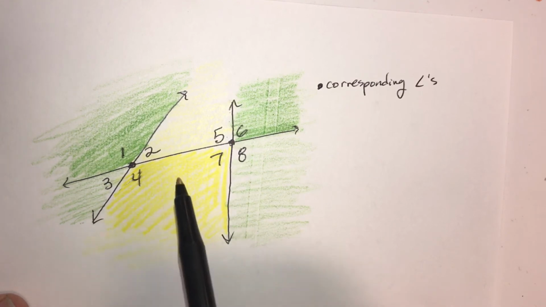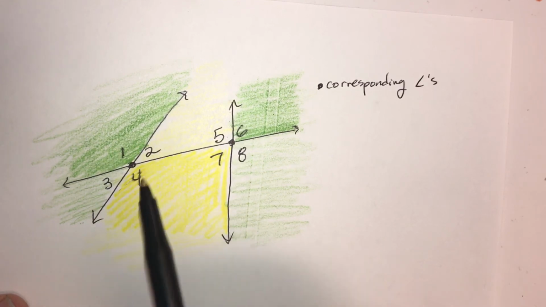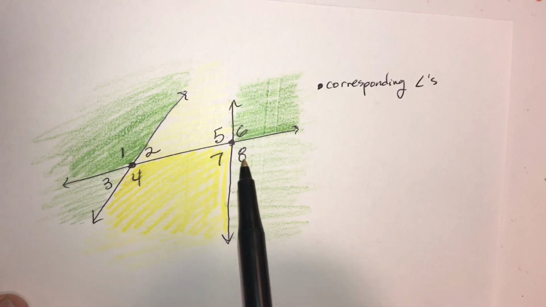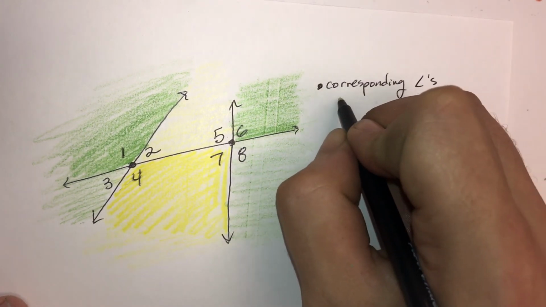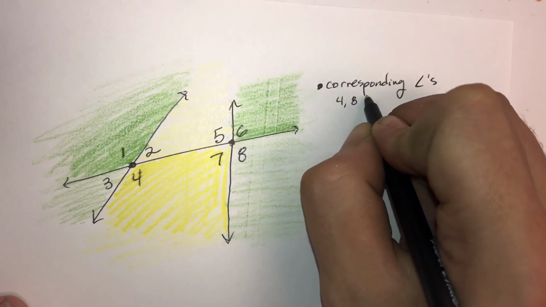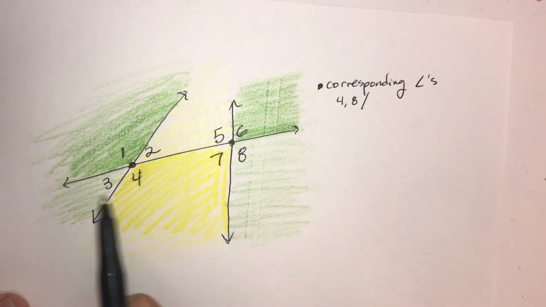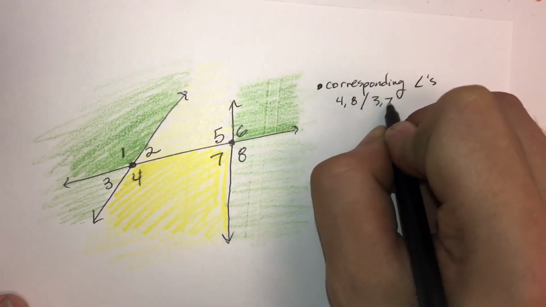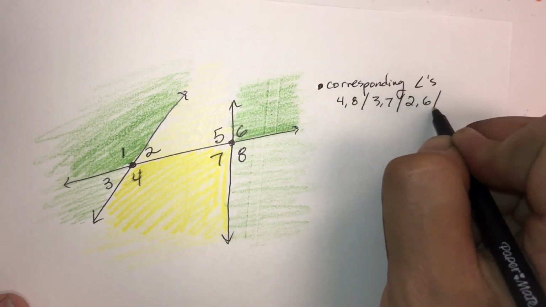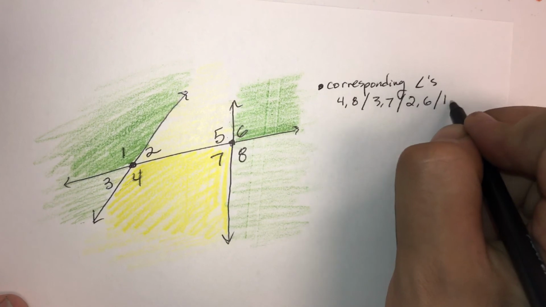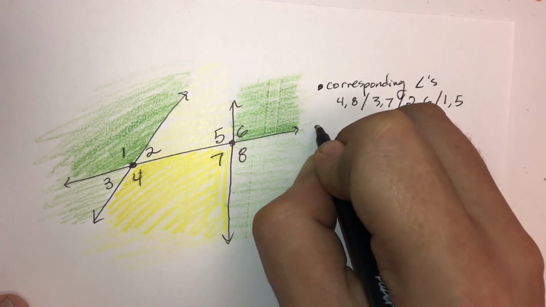So with these intersections, we've got top left, top right, bottom left, and so on. Corresponding angles are the ones that are in the same place. For instance, 4 and 8 are corresponding angles. Also 3 and 7 are corresponding angles. 2 and 6 are corresponding angles. And 1 and 5 are corresponding angles.